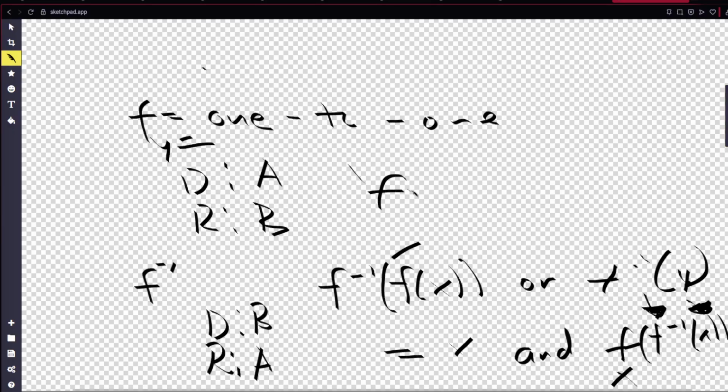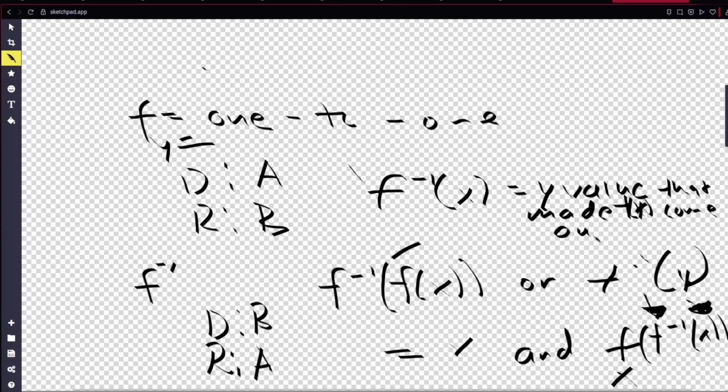The inverse of f of x will give you the y value that made f of y come out with x. So it's just going to be equal to f negative 1 of x, or f negative 1 of y, where x is equal to f of y, pretty much.